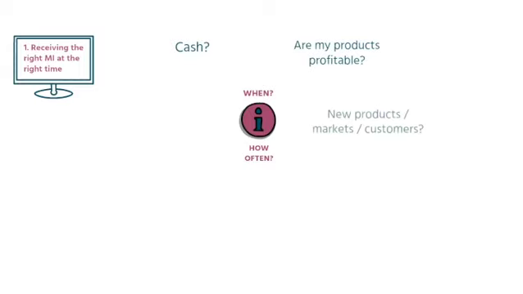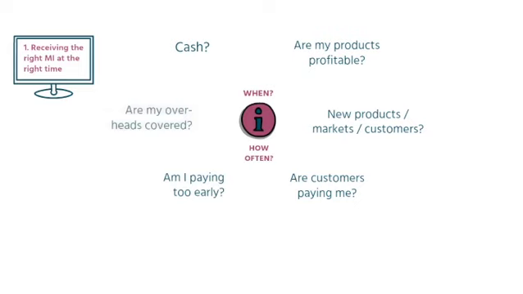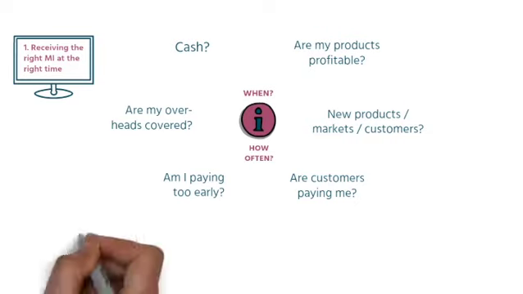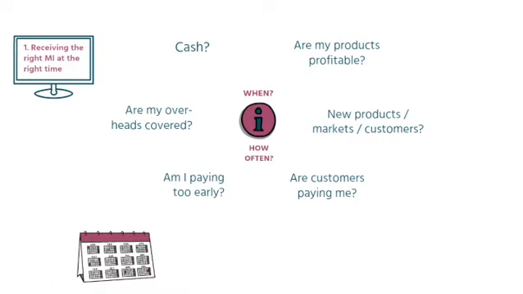How often do I need to know whether I'm producing my products profitably? How do I decide which new products to make or which new markets or customers to focus on? How often should I check on whether my customers are paying me in line with their terms? Am I paying my suppliers too quickly? And am I making and selling enough to cover my overheads and give me a return on what I've invested in my company?